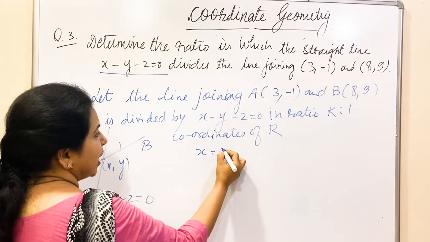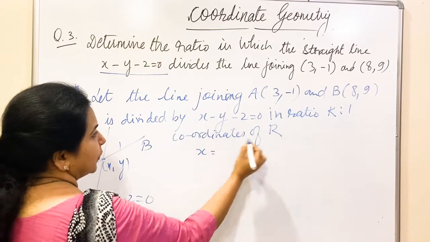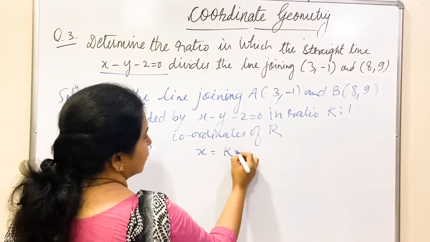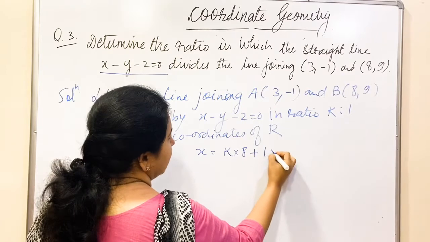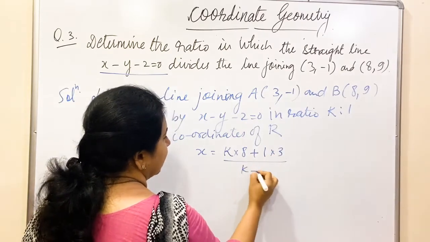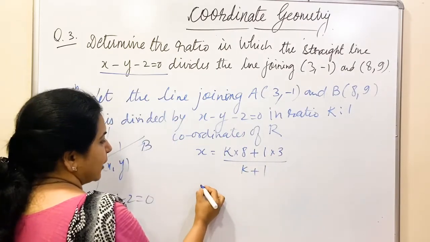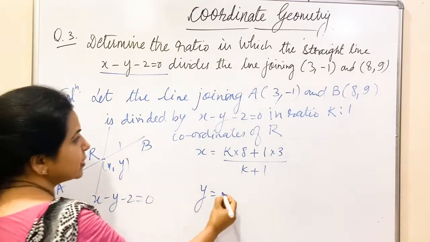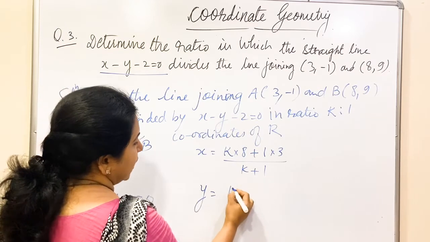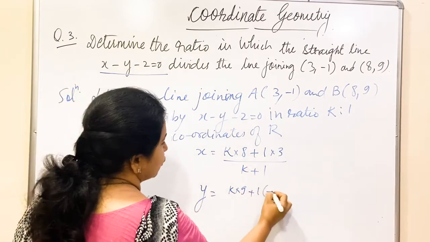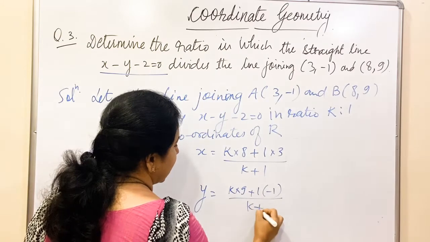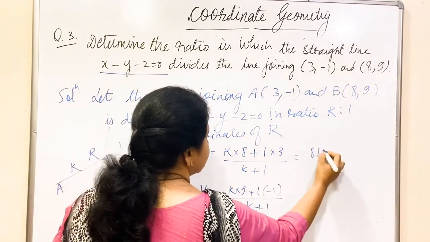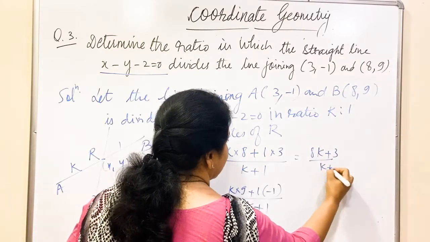The section formula is (m x2 plus n x1) upon (m plus n), where m is to n, and m is k. This is the abscissa, and the ordinate is k into 9 plus 1 into minus 1 upon k plus 1. Now simplifying this, it is (8k plus 3) upon (k plus 1).